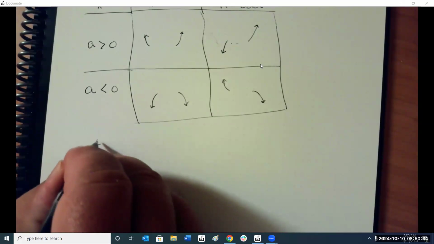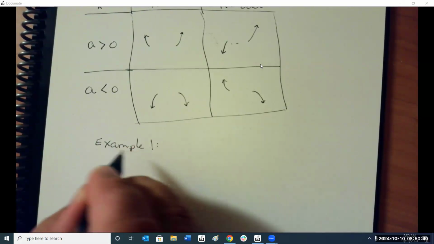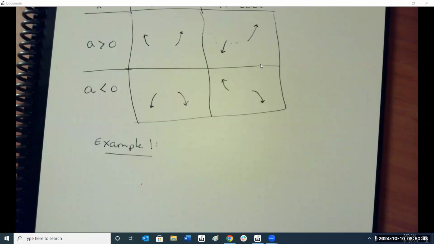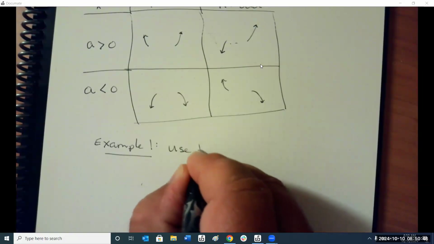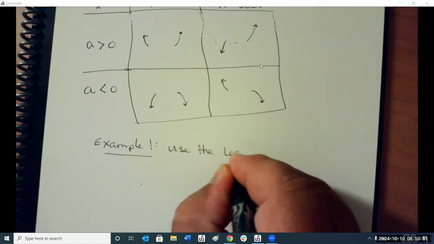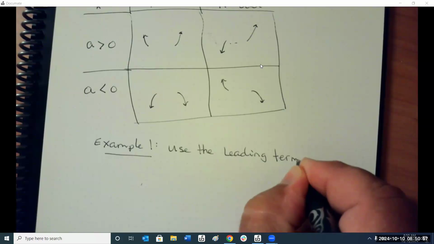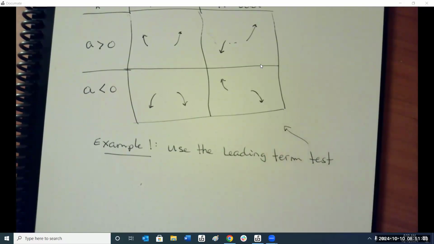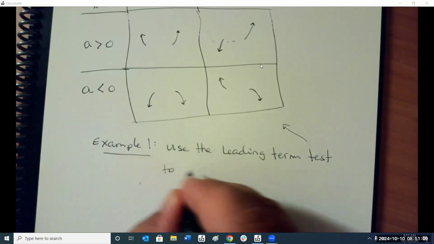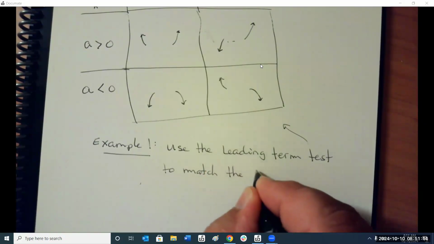Here's example 1. Use the leading term test, which is that, to match the following.